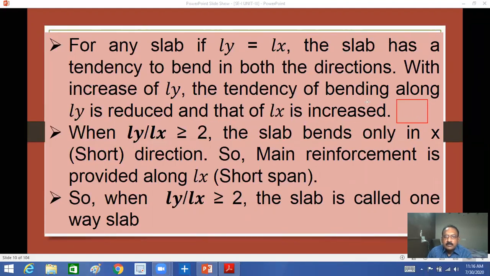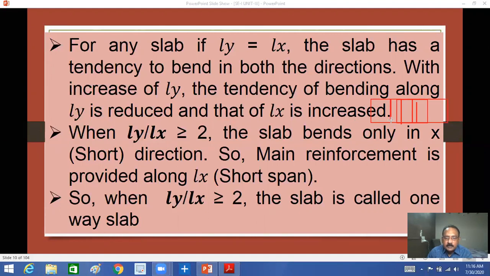So in this way, we have to consider that whenever Ly by Lx is greater than or equal to 2, the slab bends only in the x direction, that is the short direction. So main reinforcement is provided in this direction. This is the shorter direction.